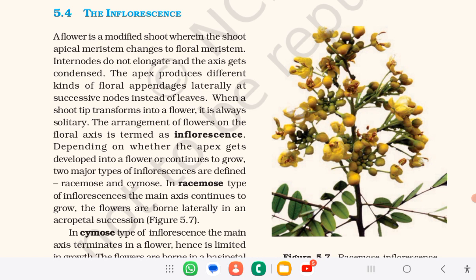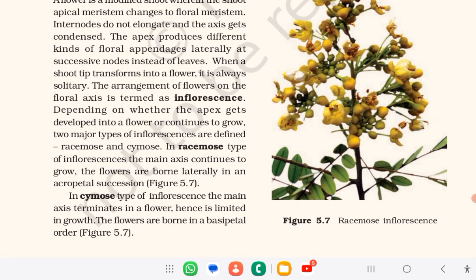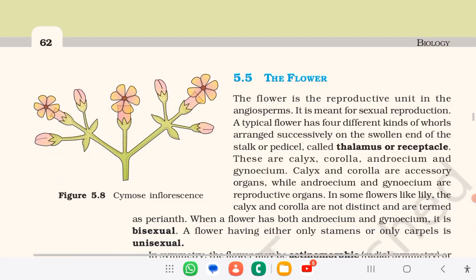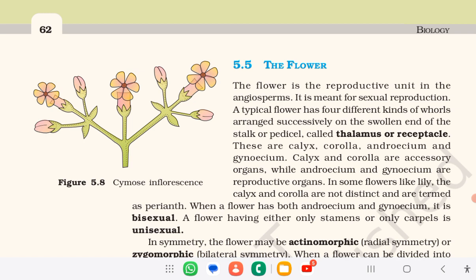In cymose inflorescence, the main axis terminates in a flower, hence is limited in growth. The flowers are borne in a basipetal order. Kindly refer to figure 5.7 showing racemose inflorescence and 5.8 showing cymose inflorescence.